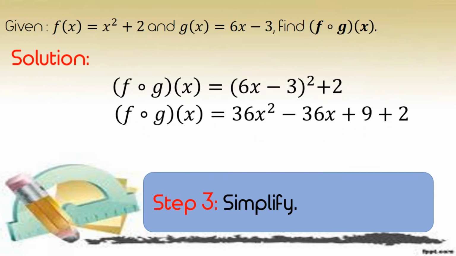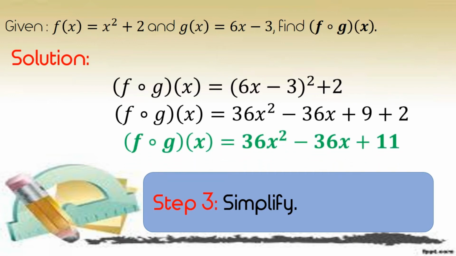We will be simplifying the quantity squared of 6x minus 3, which will become 36x squared minus 36x plus 9, then continue with plus 2 at the last part of the given equation. And to have the final answer, we perform the operation and it will be 36x squared minus 36x plus 11.